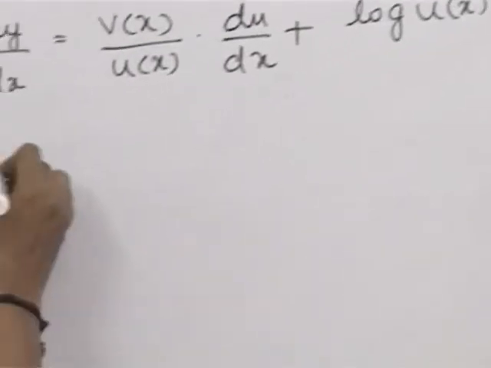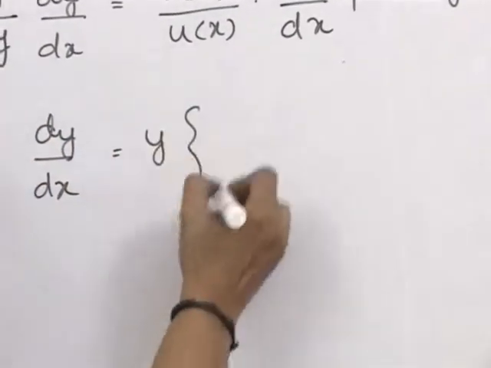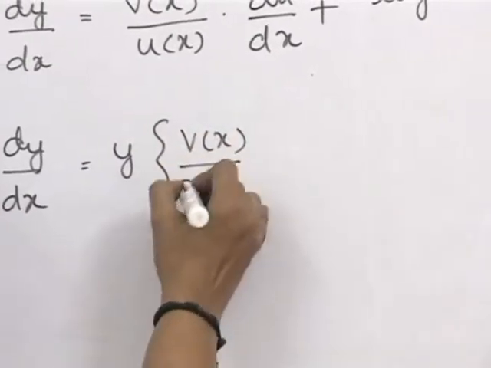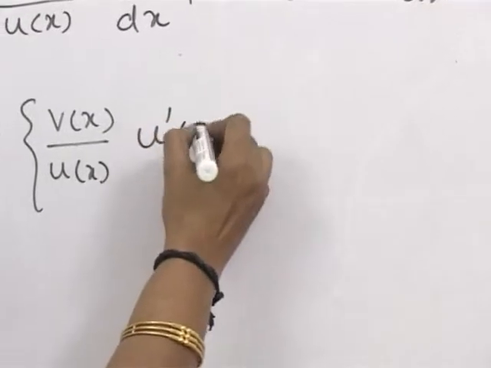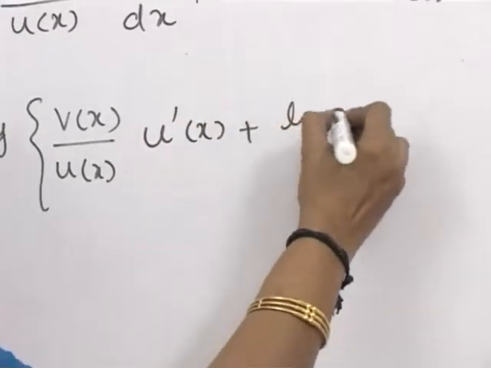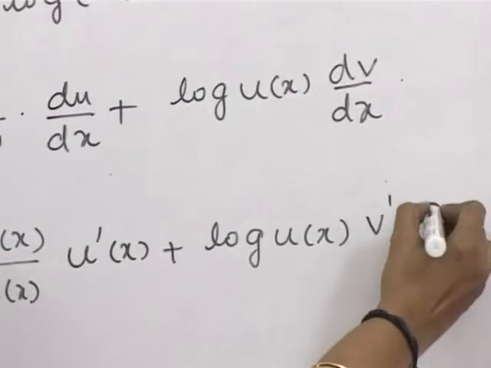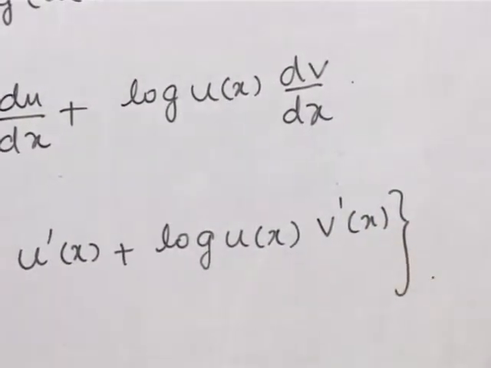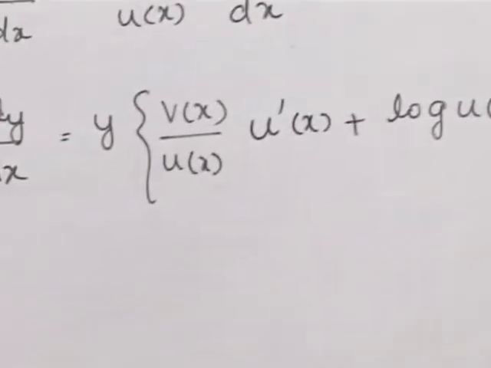So hence we have dy by dx is equal to y into v of x by u of x into u dash of x plus log of u of x into v dash of x. So this is what we call as logarithmic differentiation.